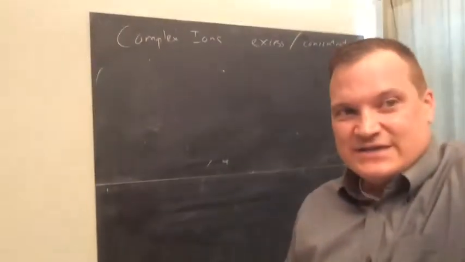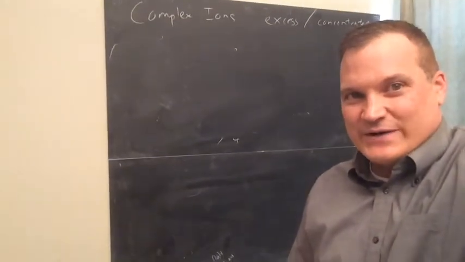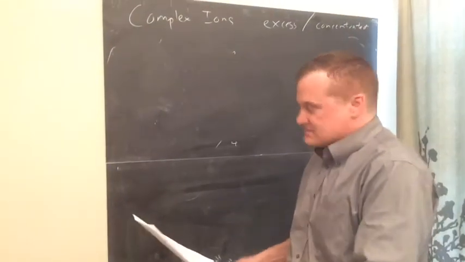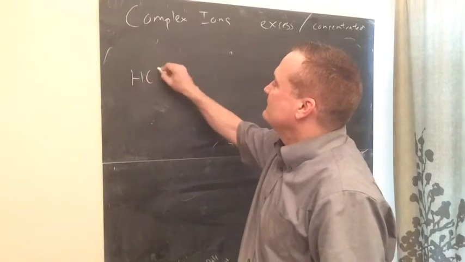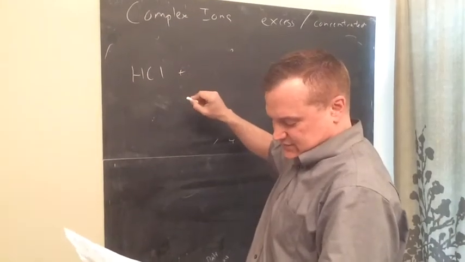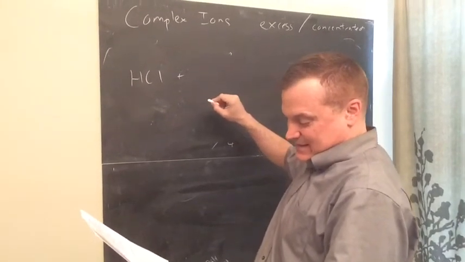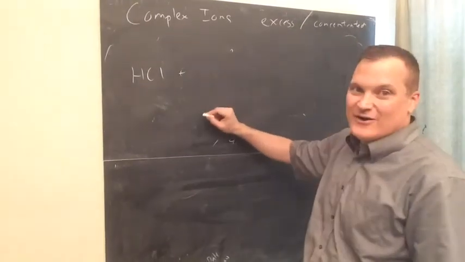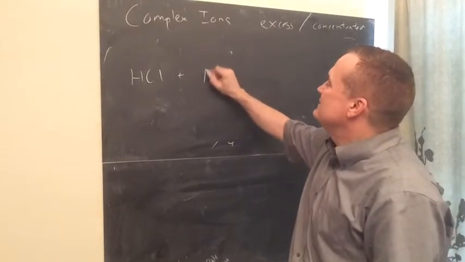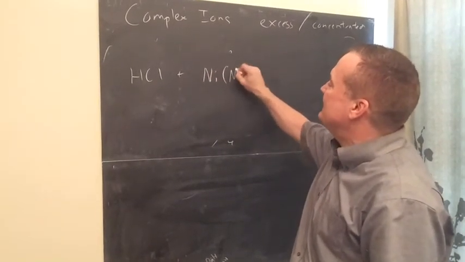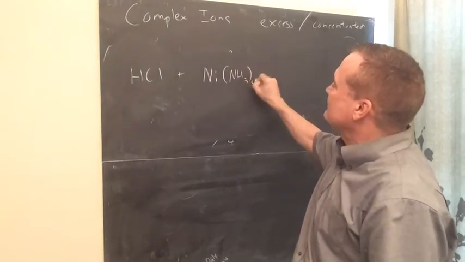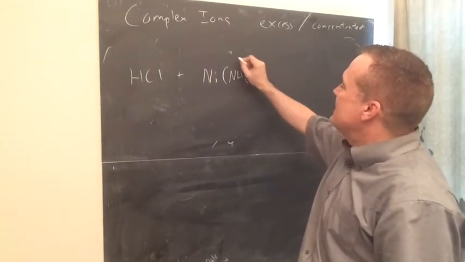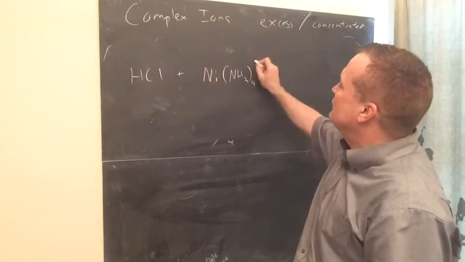Letter C. C is a way to reverse the reaction. And it says excess hydrochloric acid is added to a solution of tetraammine nickel 2 nitrate. Oh, boy. So here we go. Tetraammine nickel 2 nitrate. Now, all of this is positive 2, remember?